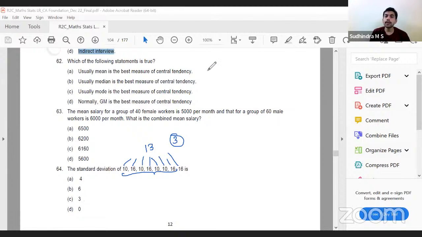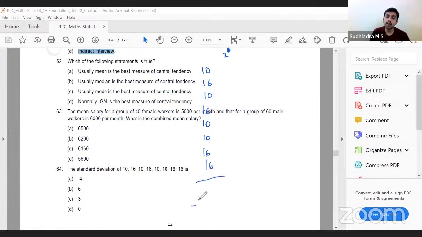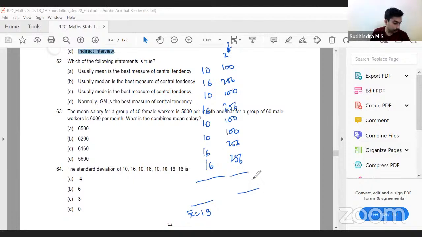Alternatively, if you apply the formula for 10, 16, 10, 16, 10, 10, 16, 16, you have to find summation x square. x bar we already know is 13. So x square values are 100, 256, 100, 256, 100, 100, 256, 256. So it is 256 into 4 plus 100 into 4. Summation x square we get 1424.